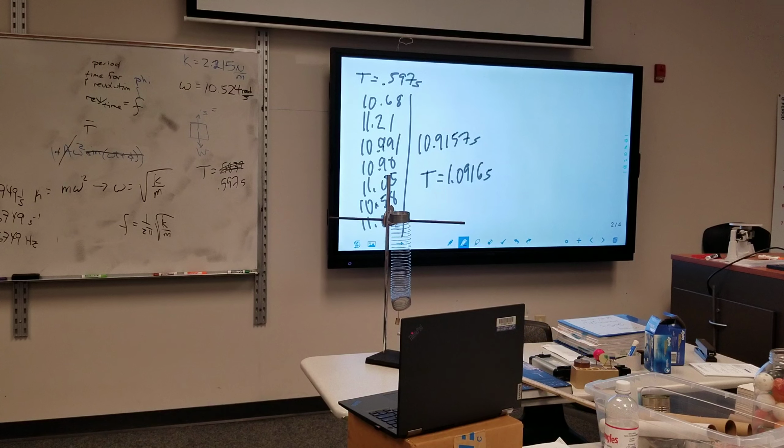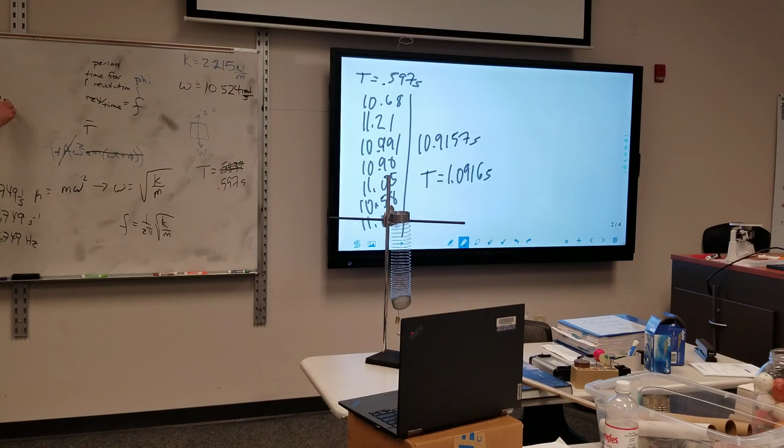We had the spring, we put a mass to it, and it stretched down. We found omega, because that's the square root of K over M. We had the K, so this was the square root of 2.215 over 0.02.